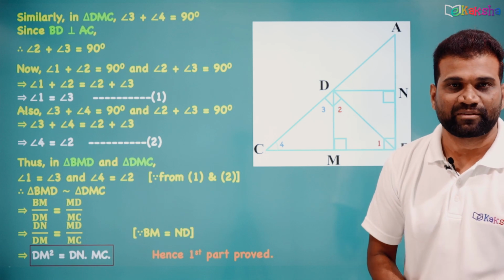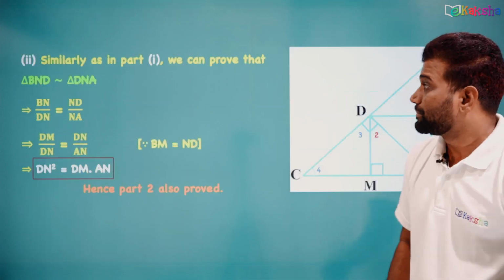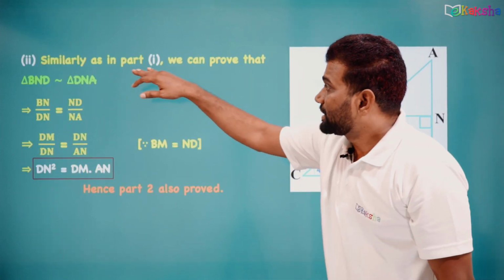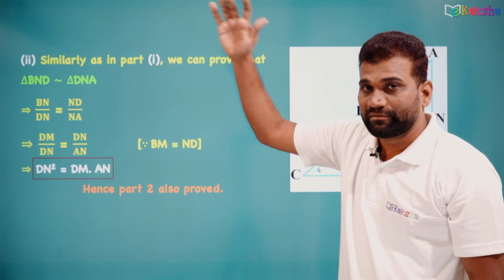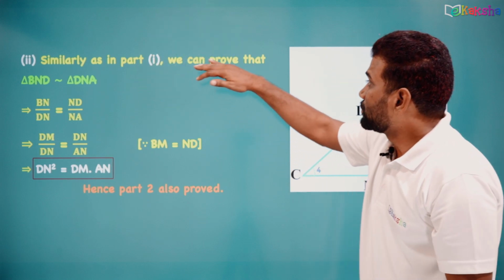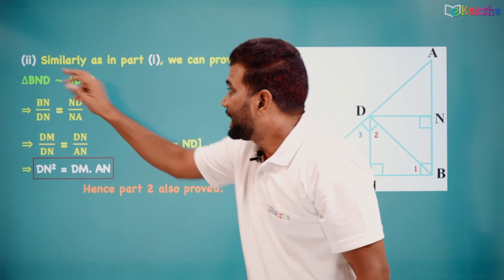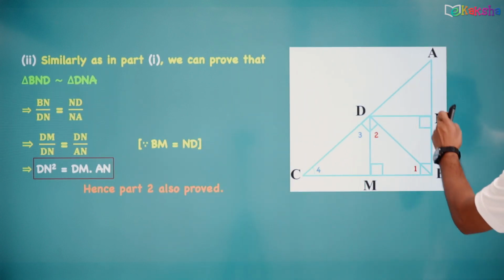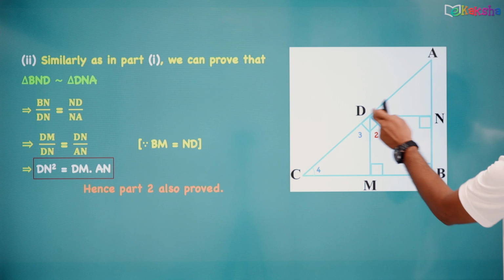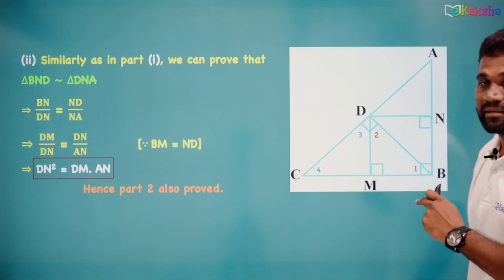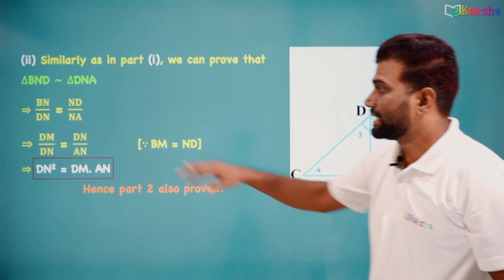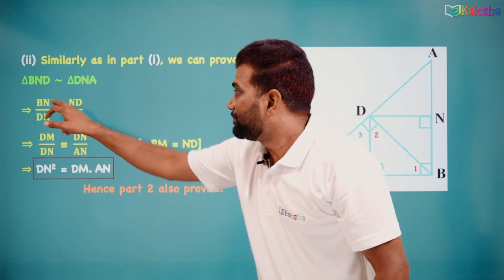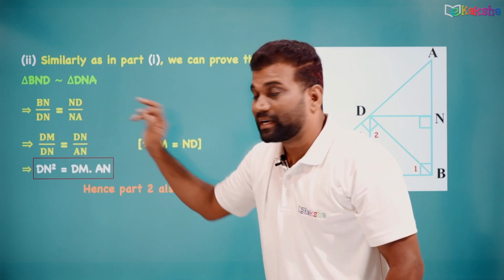The first part is proved. Now the second part, similarly, whatever we have proved in part 1, we can prove that triangle BND is similar to DNA. Once these two triangles are similar, again corresponding sides are proportional, so BN upon DN is equal to ND upon NA.